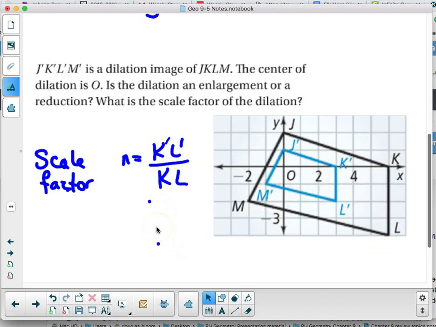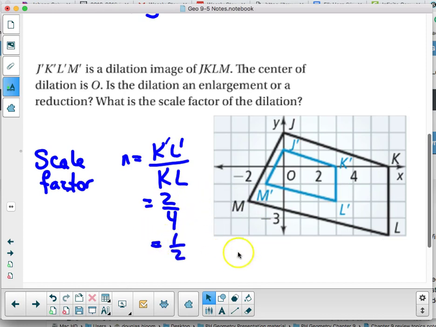I could have picked any of these, but K prime L prime is 2 units. KL is 4 units. Do you see that? That was really easy to do. So I can put 2 over 4, and it's going to be half.